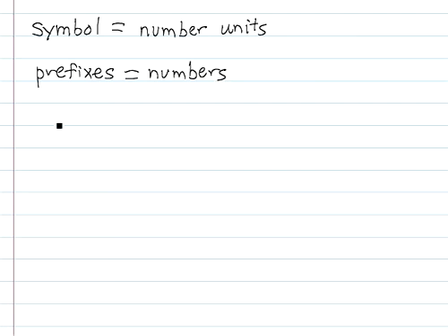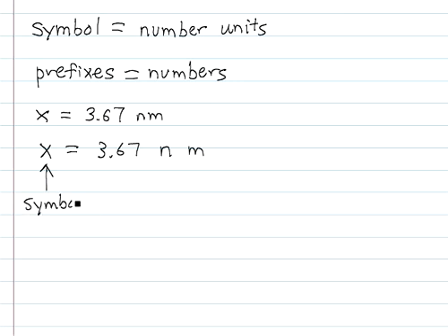So here's an example. Let's say we have some sort of horizontal position coordinate x, and that's equal to 3.67 nanometers. So what I'm going to do is rewrite that and spread everything out a little bit, put some space in between everything, just to identify what's going on. So x is the symbol, and then there's the equal sign.